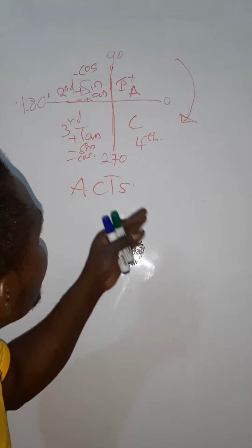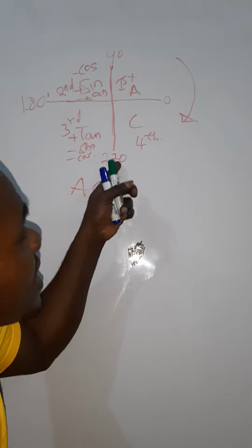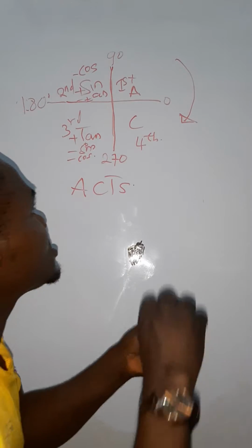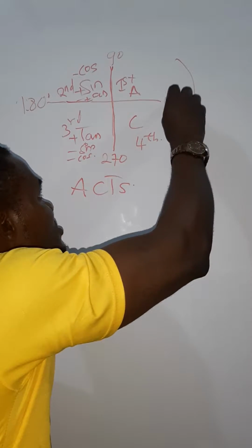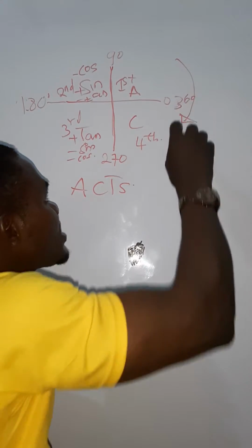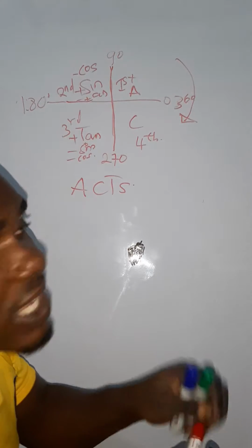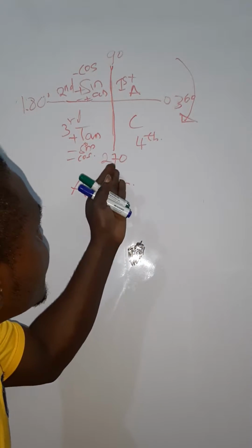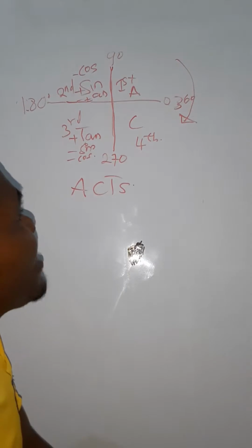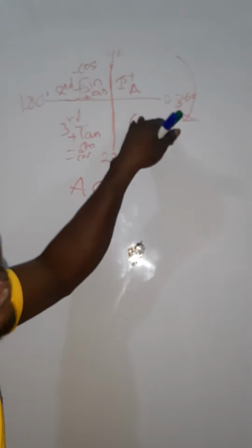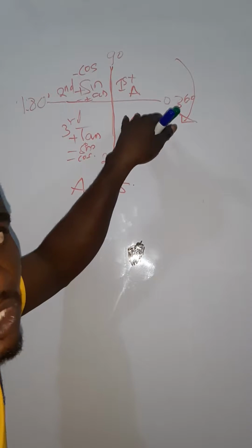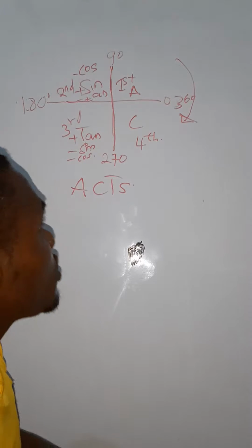Now, when you move on to 270 to 360, 360 comes out back here. So I'm looking at the angle between 0 and 360. From here to this place, you'll be having only cosine, or cos in short form, giving you positive.